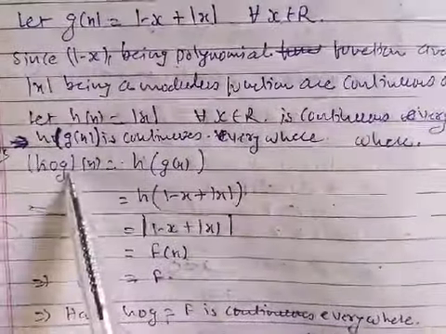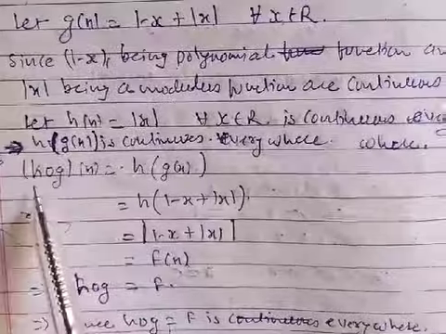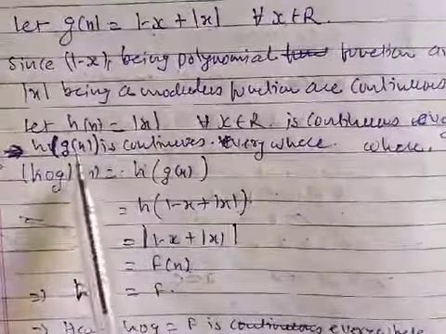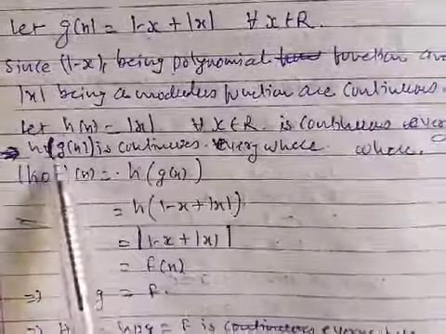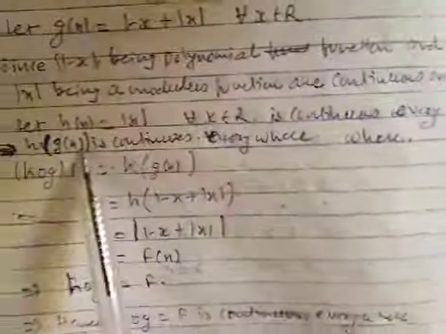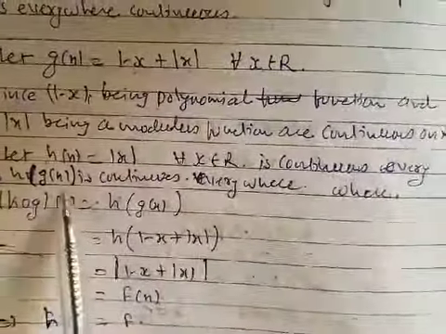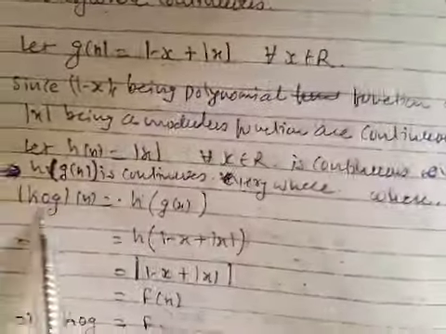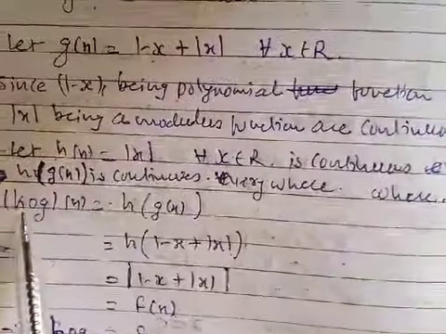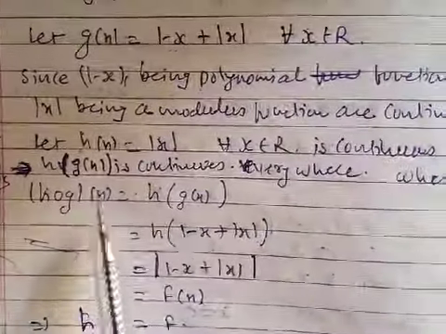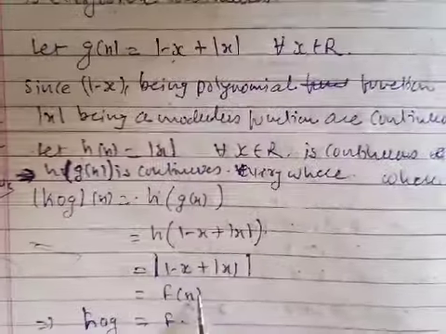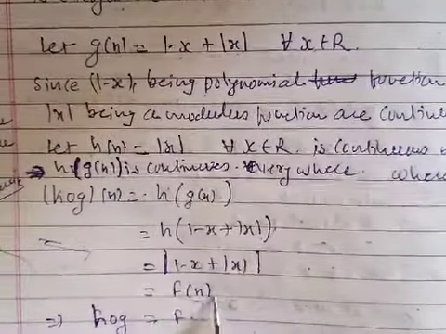Let's check fog of x, and we have to prove that fog of x is equal to f of x. Now we prove fog of x is h of g of x. It is continuous everywhere, and we have to prove that this is equal to f of x, and if so, then f of x will also be continuous.